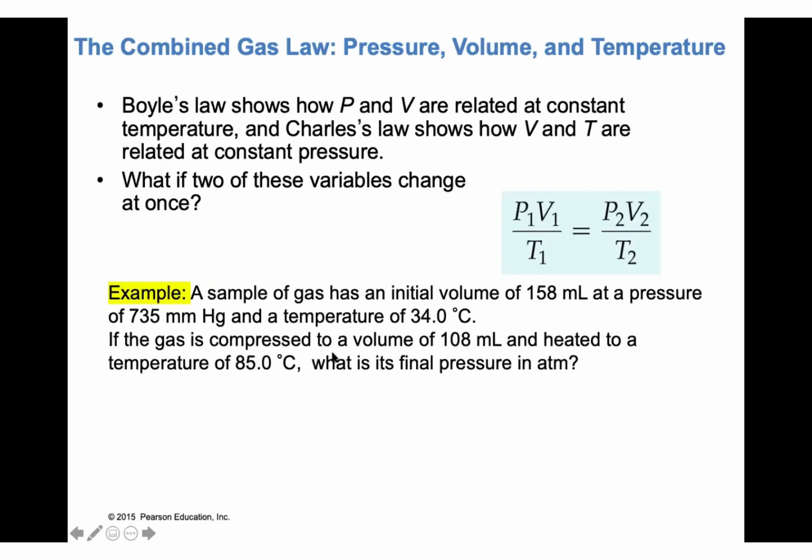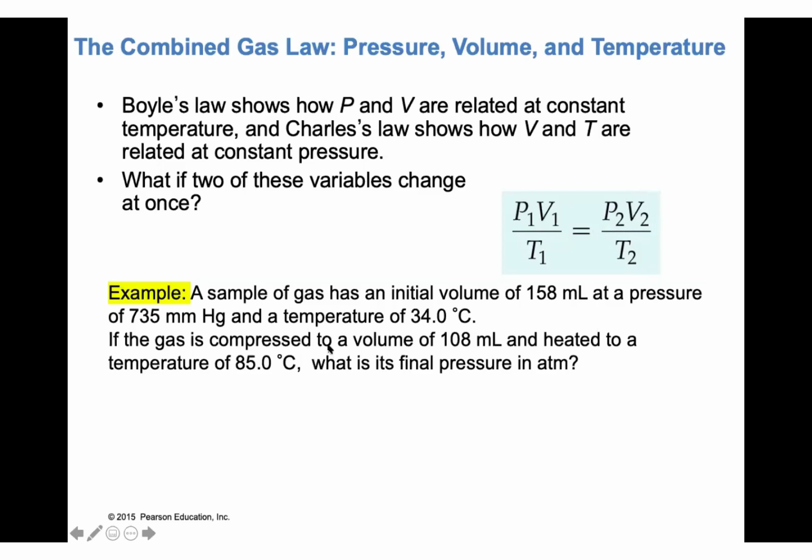If the gas is compressed to 2, what does it mean when it says 2? It gives you the guide to take you to the second stage, which is the P2, V2, and T2 here.